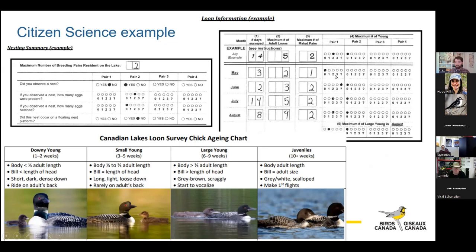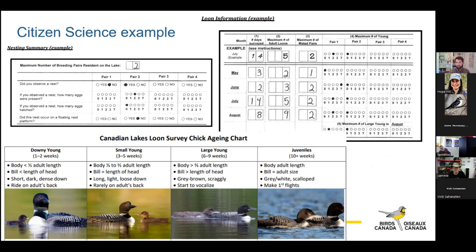You're looking for how many pairs of loons you saw. And then as you're able to find them, seeing nests or seeing birds displaying behaviors that indicate nests, and recording information on how many pairs there were, did they have young come from their nest, and that kind of more general information that can be seen by a kayaker just boating around on a lake.